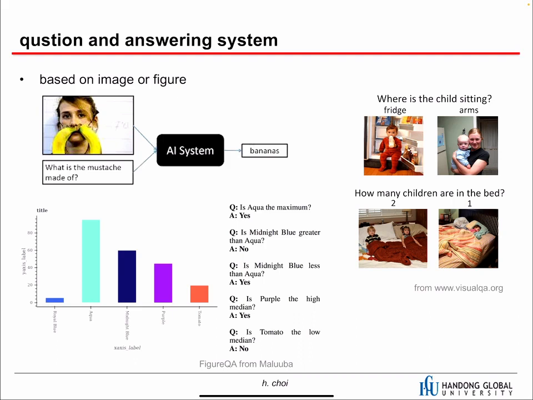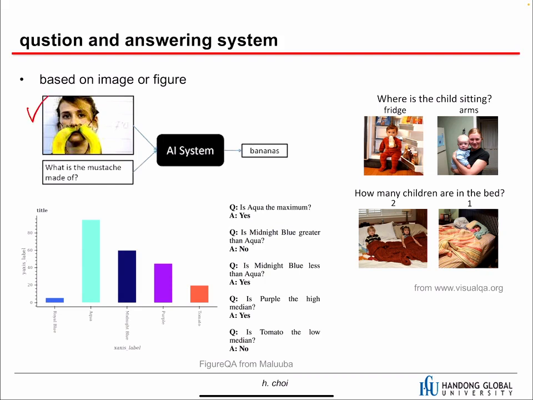And also question answering systems are possible. This question answering system can be based on just text. Given a text, the system reads the text and can answer some question. Or we can have a Q&A system based on image like this.